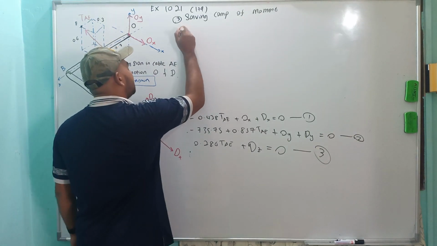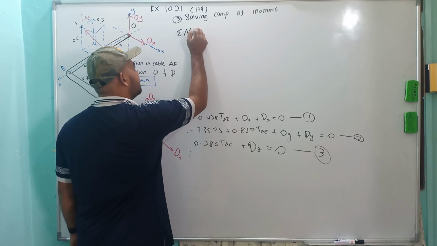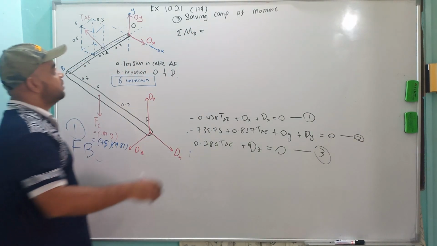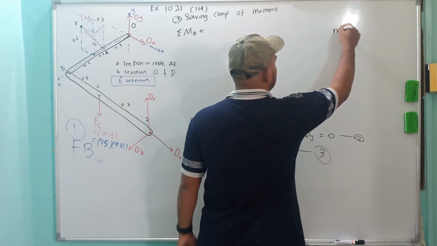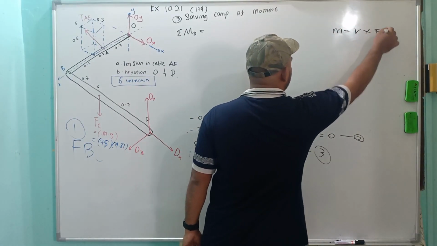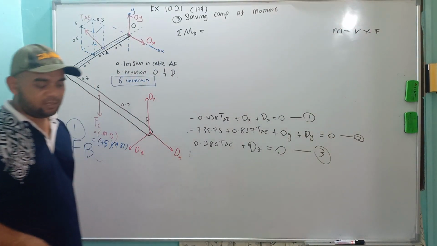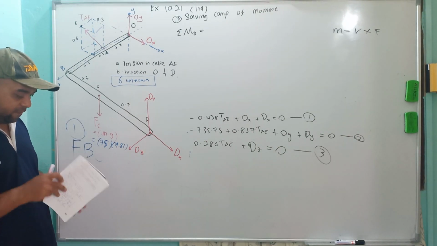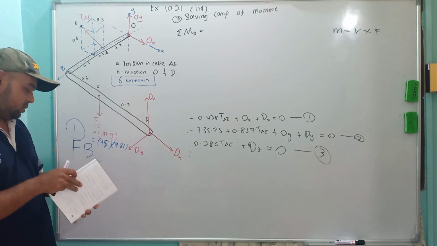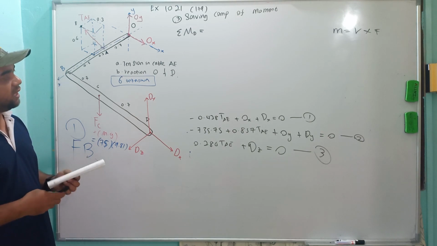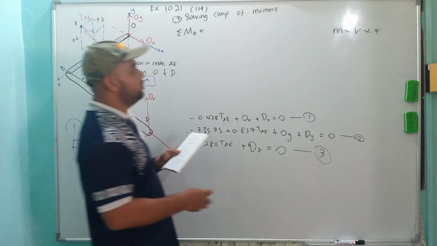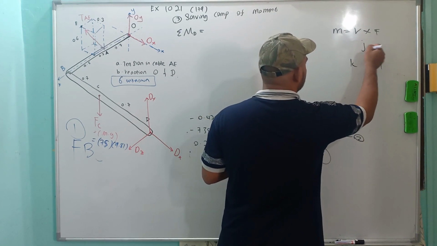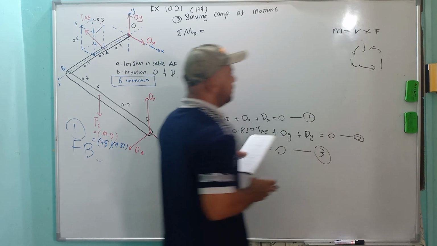Okay, sigma moment at point D equal to. Okay, you know that the moment is R cross F and not the opposite direction. So moment is R cross F, and you want to use I J K, that one also right hand.